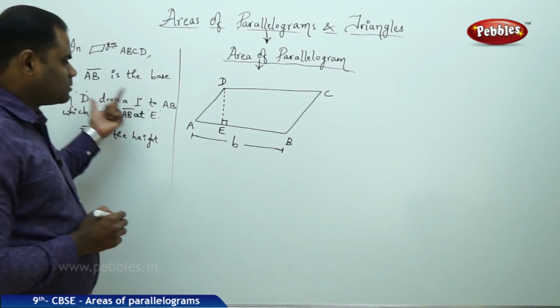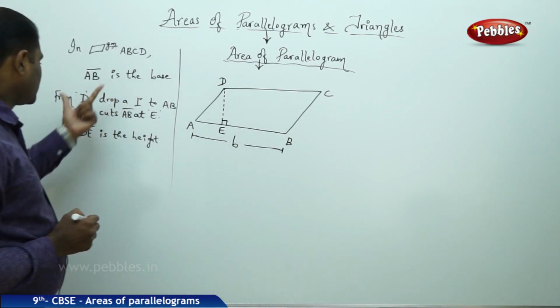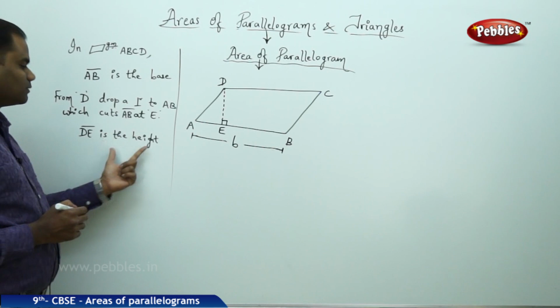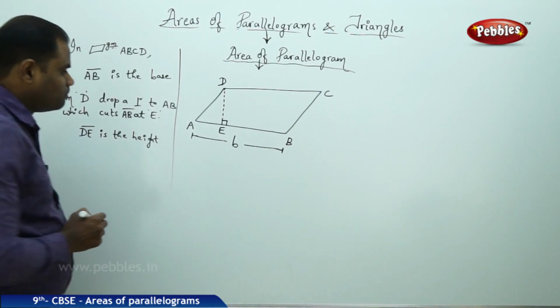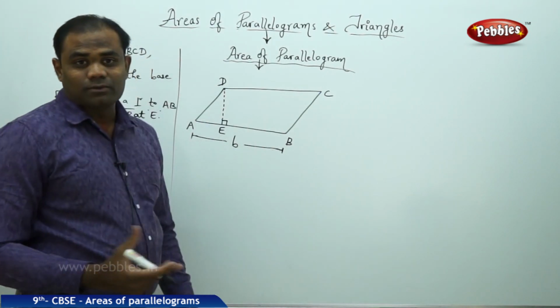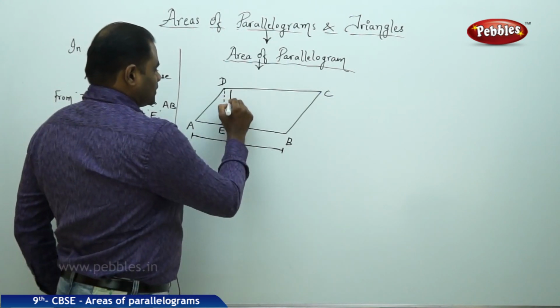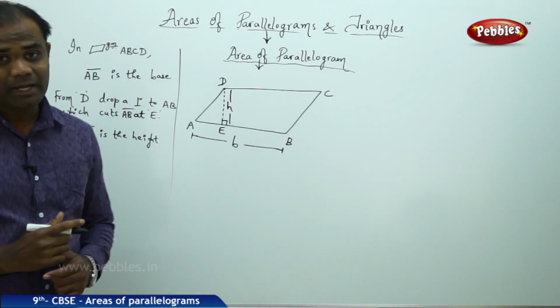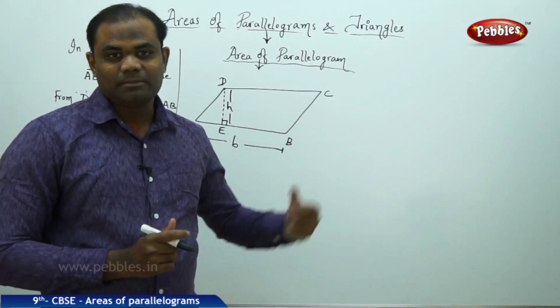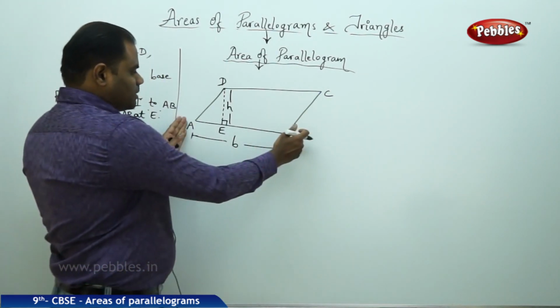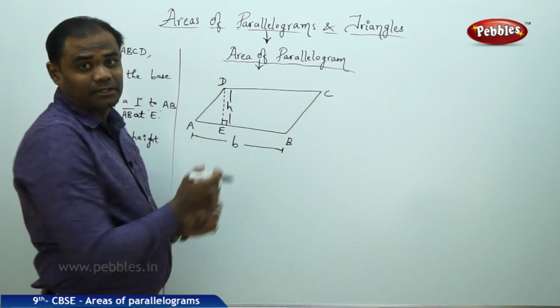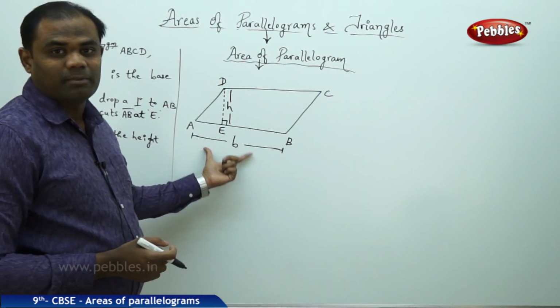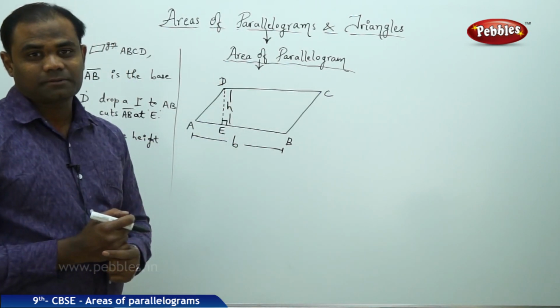So AB is the base of the parallelogram and DE is the height. The base is denoted by B and the height by H. So we have the base and the height for the parallelogram ABCD.